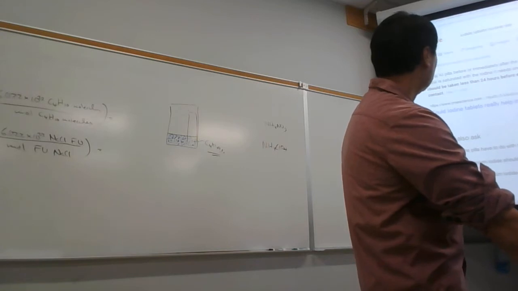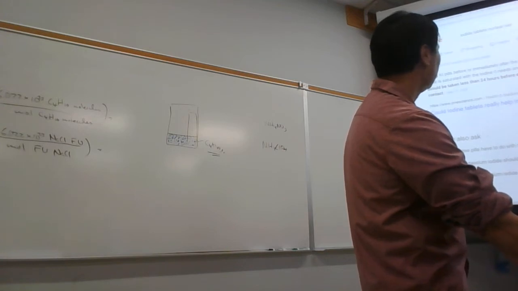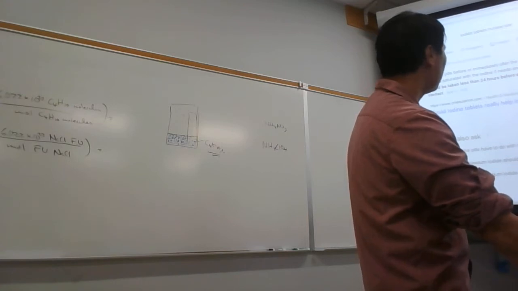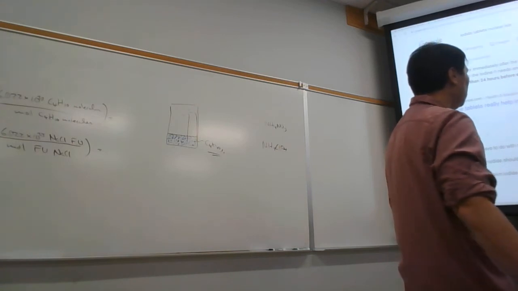So when they're talking about iodine here, they're actually talking about atomic I. So how many atoms of iodine are we going to get? Sometimes it's sloppy, and sometimes you don't know, because usually when we think about iodine, we think about I2.